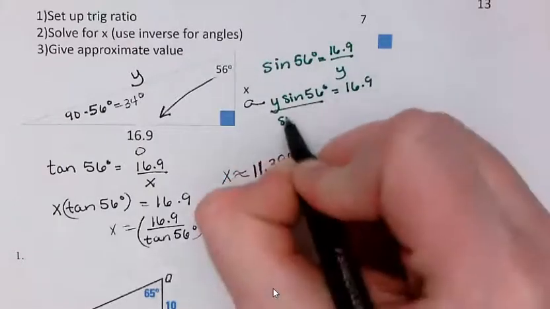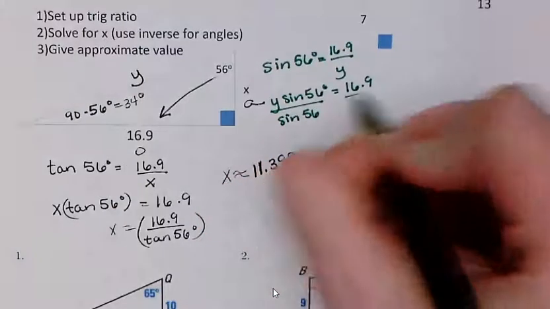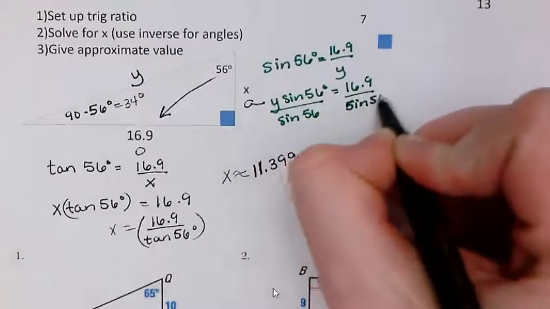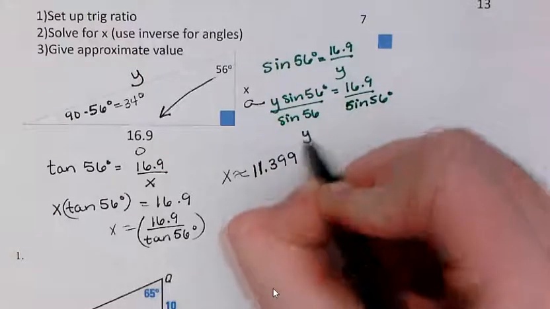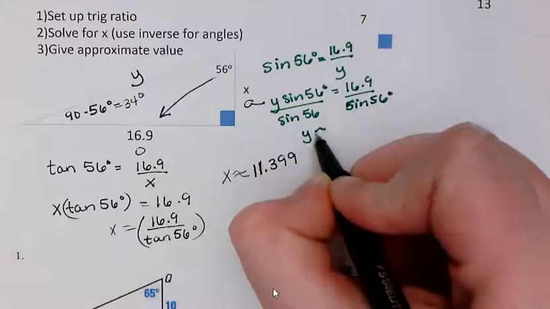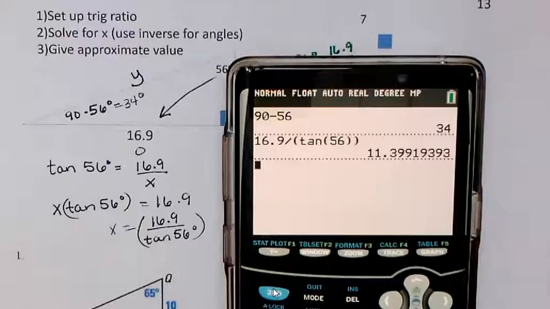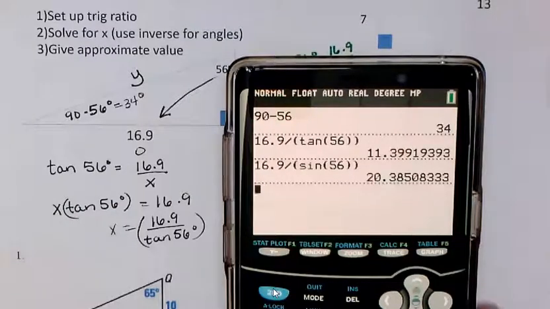Divide both sides by sine of 56. Y is approximately, on my calculator, 16.9 divided by parenthesis sine 56 parenthesis, enter, 20.385.